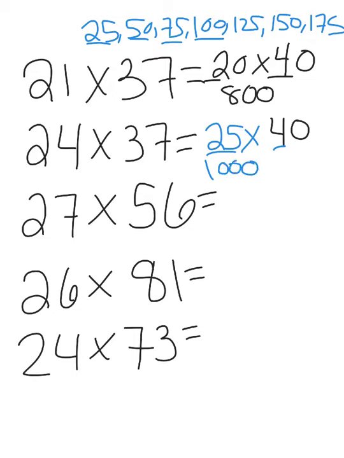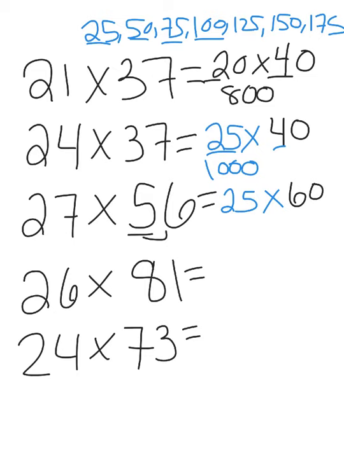We have 27 times 56. Well, 27 is closer to 25 than it is to 30. So we're going to change 27 to 25, and then we're going to round 56 to 60, because if we underline the digit in the tens place, the 6 tells me that the 5 needs to go up by 1.